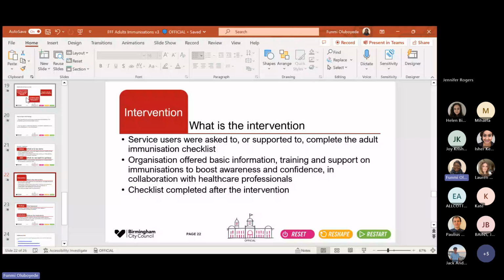So the service users are asked to or supported to complete the adult immunisation checklist. The organisation offers basic information, training and support on immunisations to boost awareness and confidence in collaboration with healthcare professionals, and the checklist is completed after the intervention.